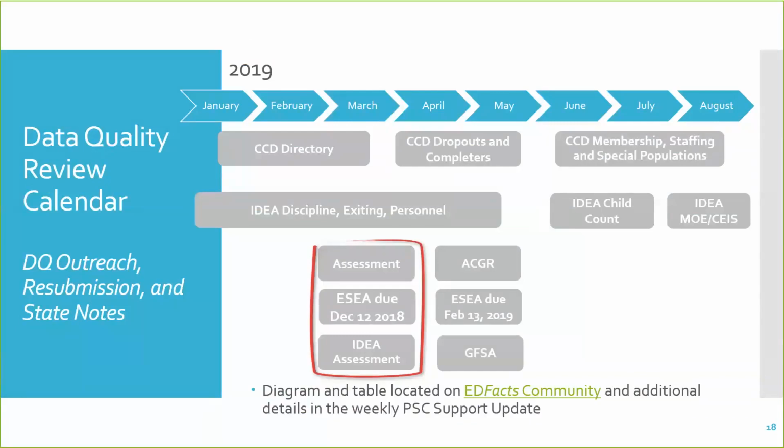The IDEA discipline, exiting, and personnel, which has the longer duration, is also in the works. And next week, we'll be delivering the assessment. The other note on this slide, the CCD reviews are done in DMS, and the GFSA data quality review is also in DMS for the first time this year. So that will be coming to states in April.